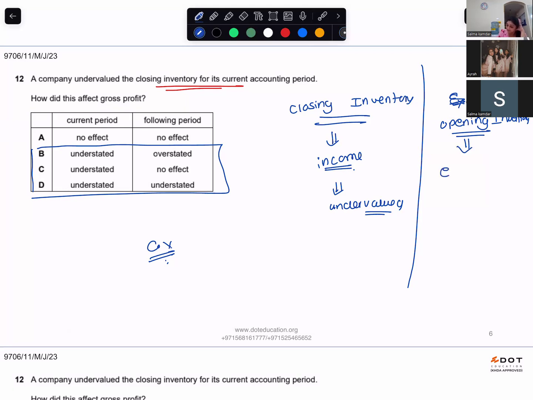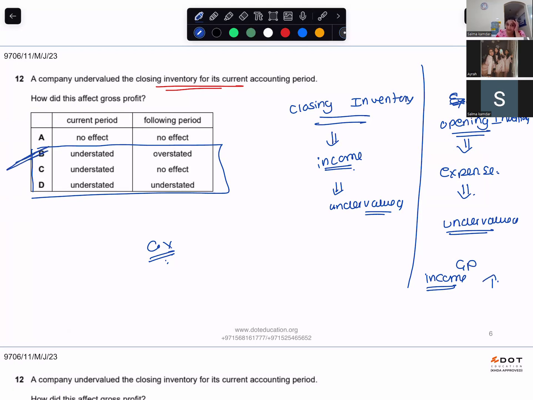Expense. Expense is undervalued, overvalued? Undervalued. If expense is undervalued, that means your income will be overvalued. So the answer is option B.